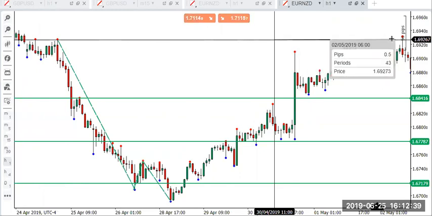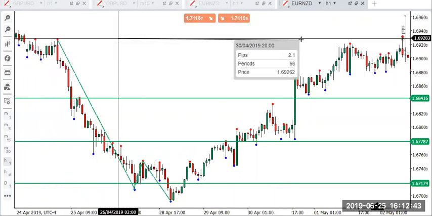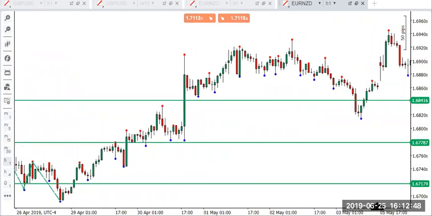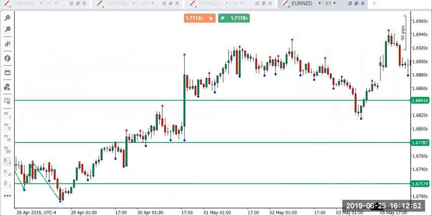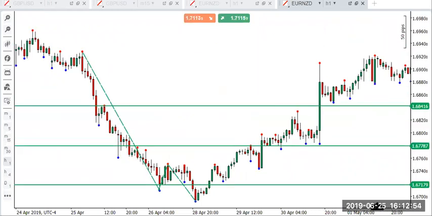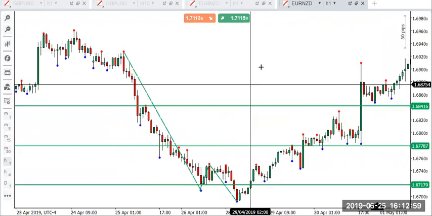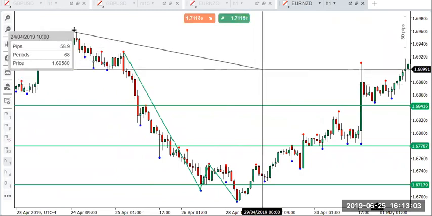So if you notice now, both these swing highs were struck, and it's possible that the price reversed after that. We got a strong 120 pip pullback after that. And they were not really interested in taking the price 61 pips or so higher.